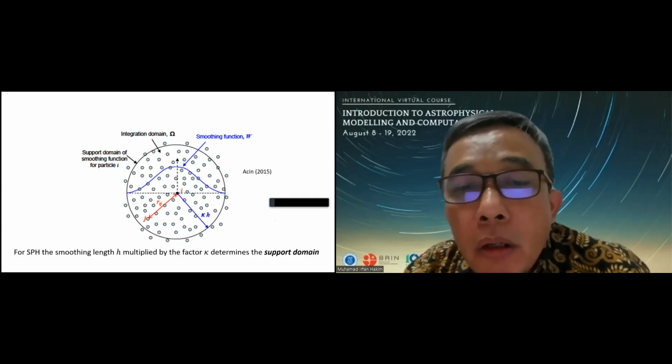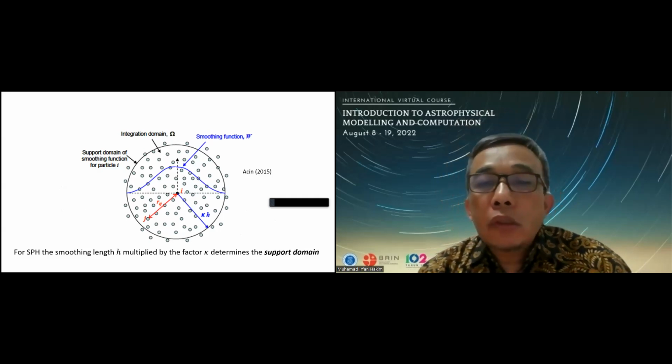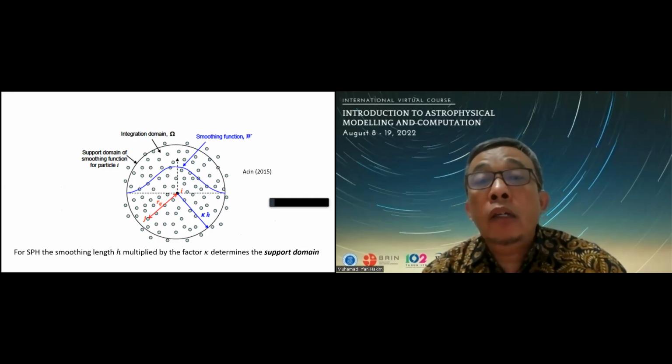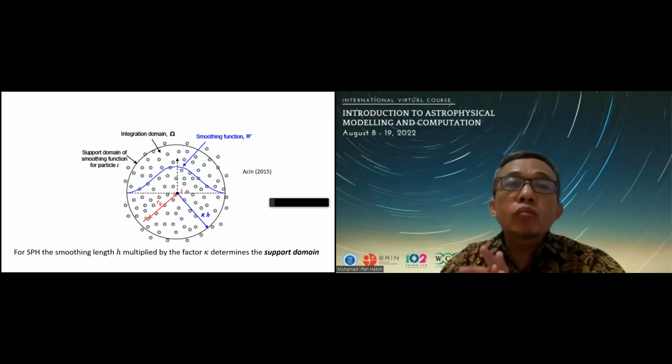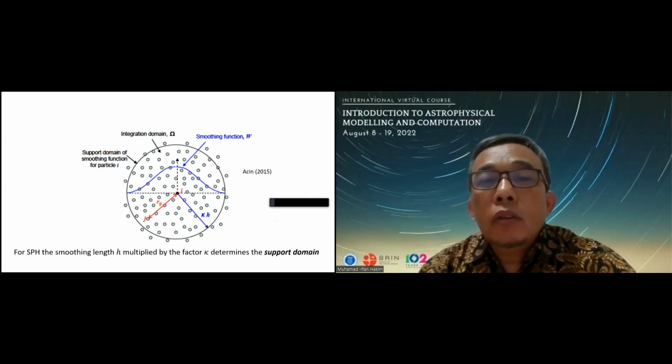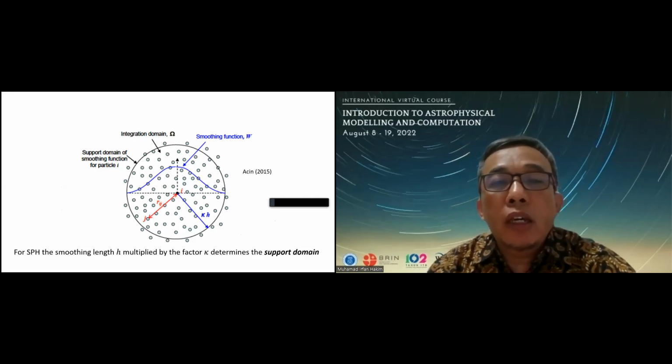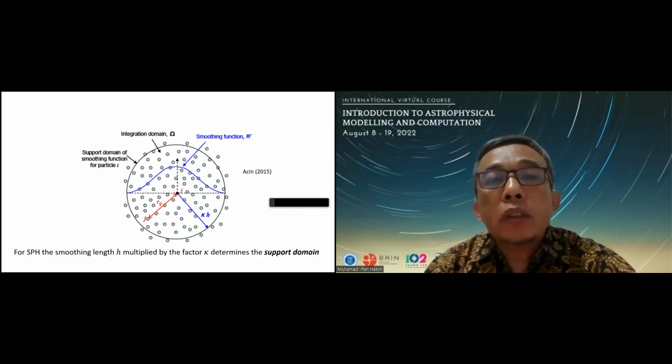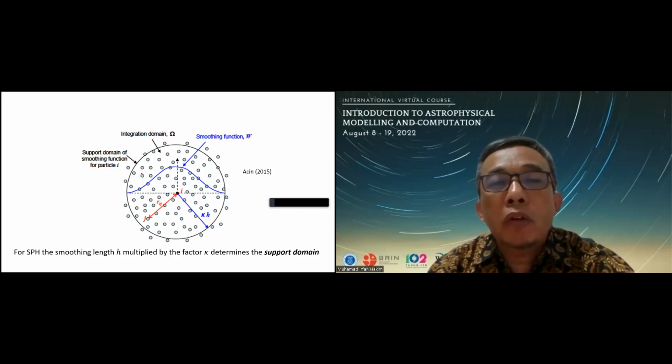Sometimes we need to supply another parameter, which is the kappa here, to redefine the length scale, the smoothing length here, because some particle near the support domain here is not really close to the boundary.